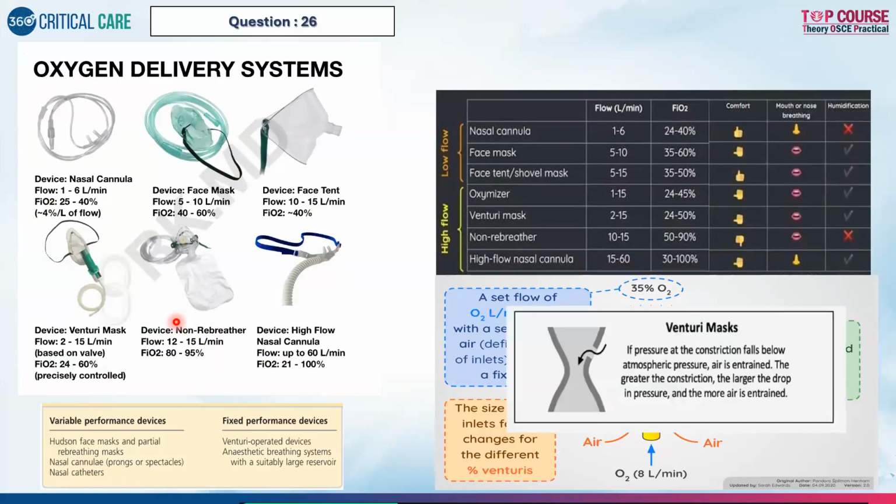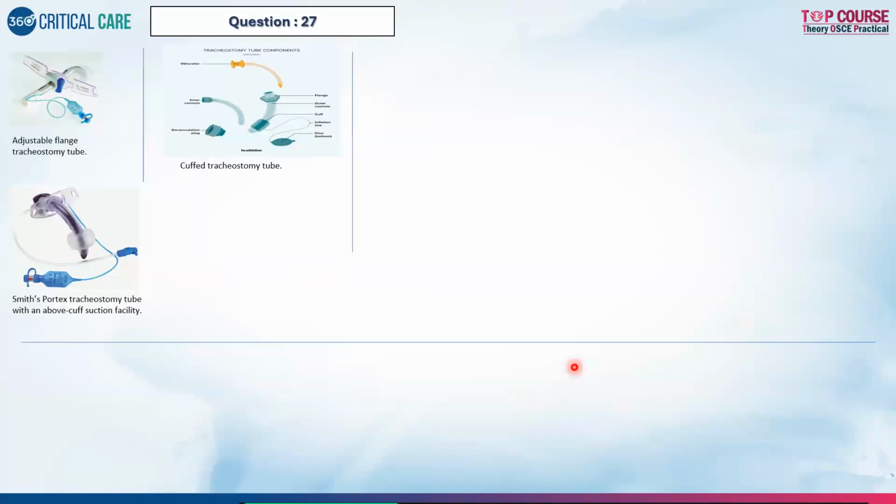And one also needs to know and mention regarding the mechanism of Bernoulli's principle or the entrainment effect, which occurs that if the pressure at the constriction falls below the atmospheric pressure, the air is entrained. The greater the constriction, the larger the drop in the pressure and more air is entrained. This is nothing but the Bernoulli's principle or the Venturi effect in case of Venturi mask. So thus one might be asked.